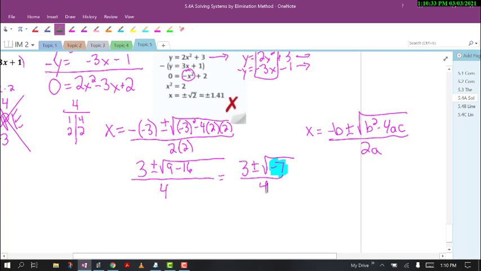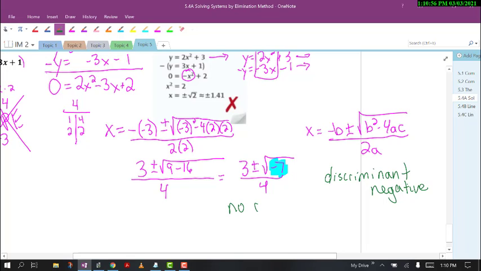Or really our discriminant is negative. So hopefully remember from this unit or a past unit that if we have a discriminant that's negative, we have complex solutions, but since we're trying to find ones that work for both of them, we don't have any.